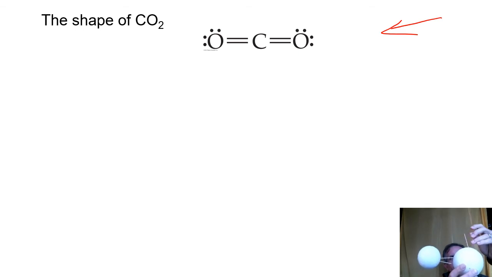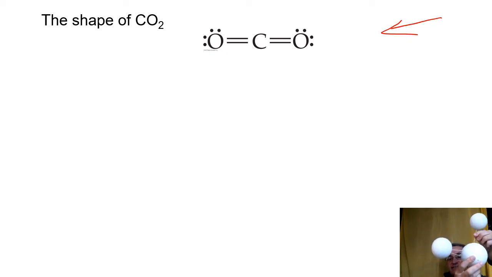And let's think about where that other oxygen would want to be if they're trying to spread out. Now, this is not the best they can do. If these atoms are trying to spread out, and these 4 electrons are trying to spread away from these 4, this is not the furthest they can do. They can get further away from each other.